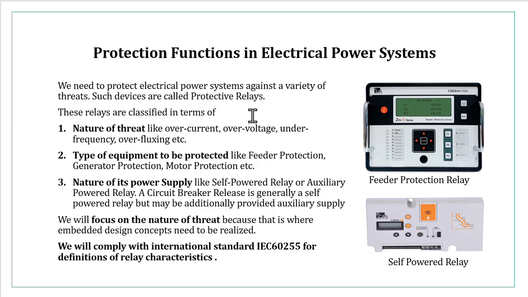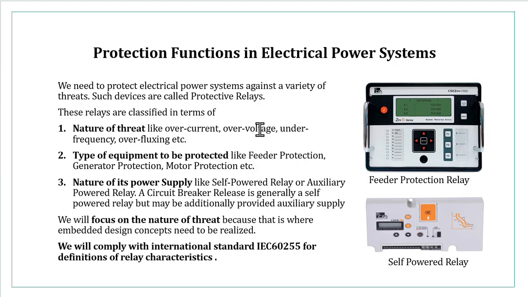These relays are classified in terms of, number one, nature of threat, like overcurrent, overvoltage, under frequency, overfluxing. As you can see, overcurrent would really mean that you are heating up the machine and therefore you are risking the life of the machine. Same thing happens with overvoltage.